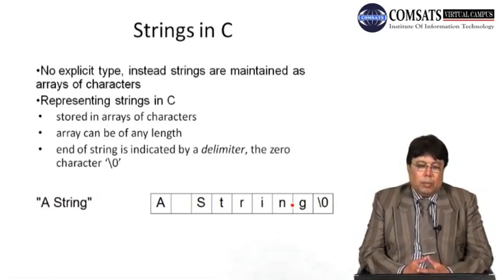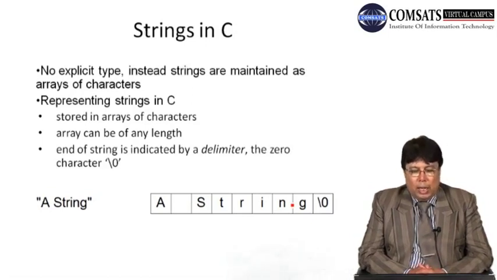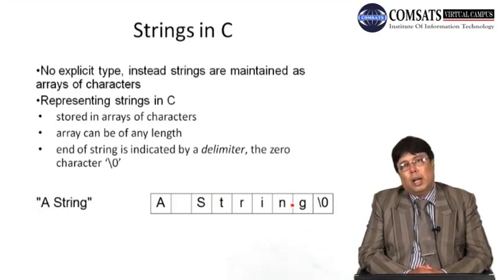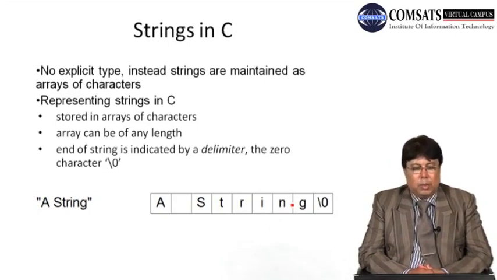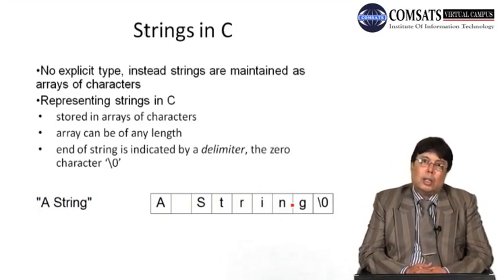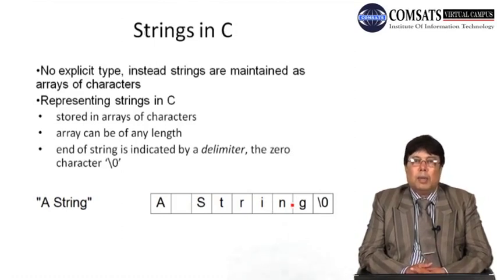These arrays of characters are stored in the memory of the computer consecutively, just like an array, all the elements are stored consecutively, and the last character is basically a delimiter or a terminator or a null character.